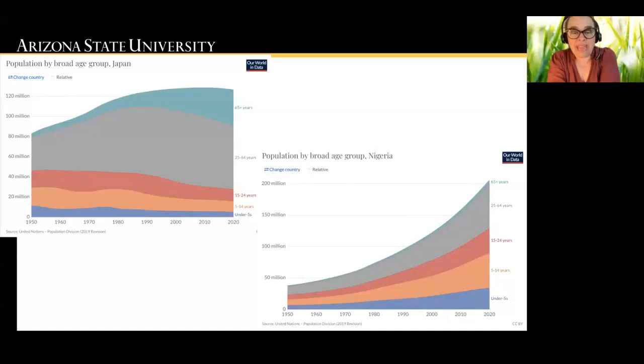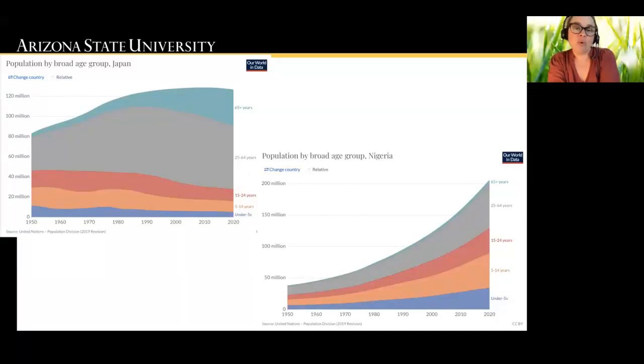If we look at Japan, the number under 5 is very minimal. That is closer related to the 65 and older gap in Nigeria. 5 to 14, still very low. 15 to 24, pretty low as well. It's not until we jump to 25 to 64 years that we see this huge population increase, and that's the workforce.